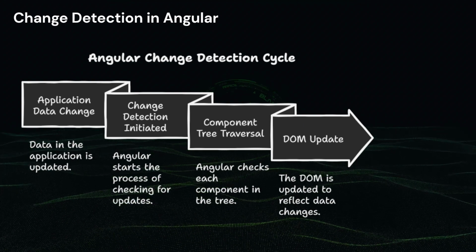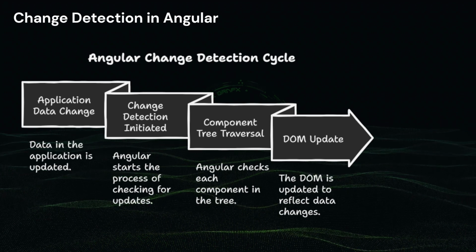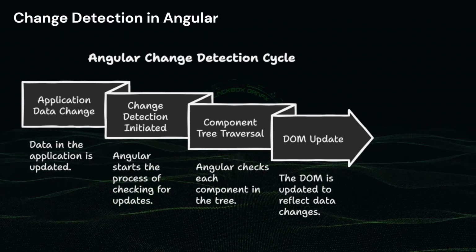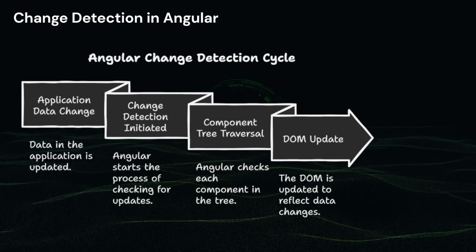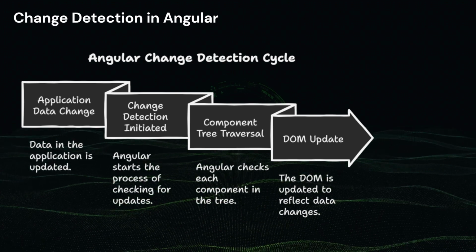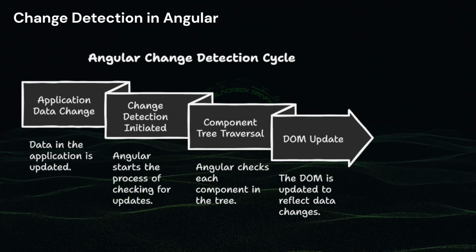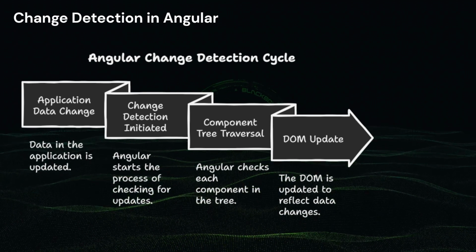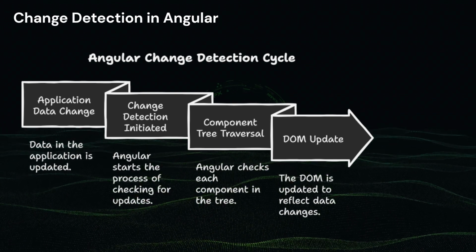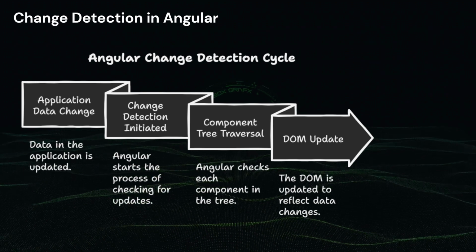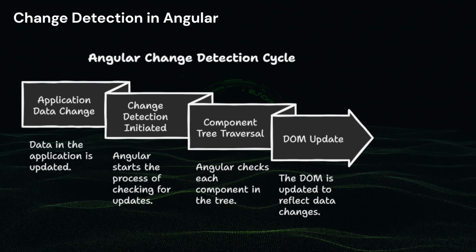By default, Angular uses the default change detection strategy, which checks every component in the tree for updates. But for performance-critical applications, we have OnPush. This strategy tells Angular to check a component only when its @Input changes or if an event like a button click triggers a change.